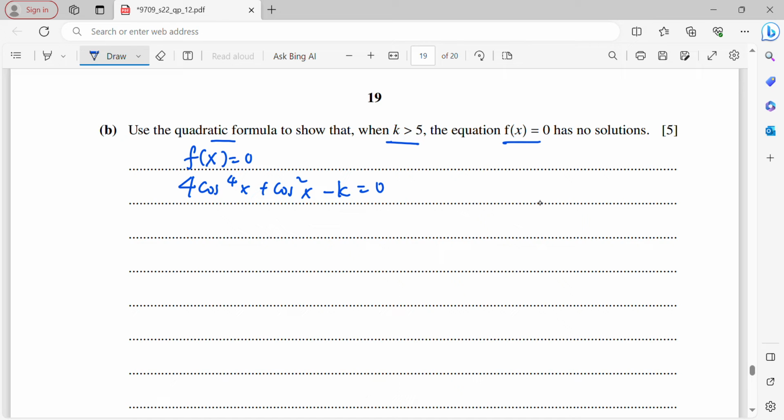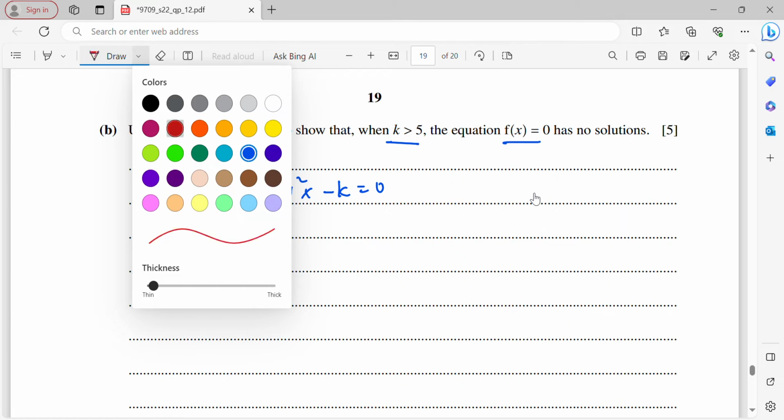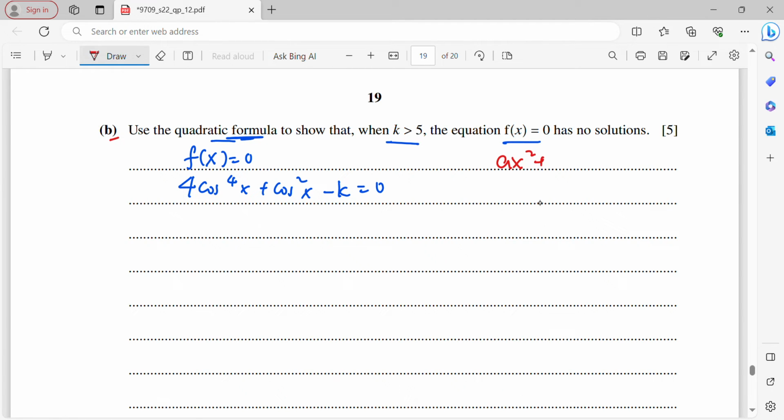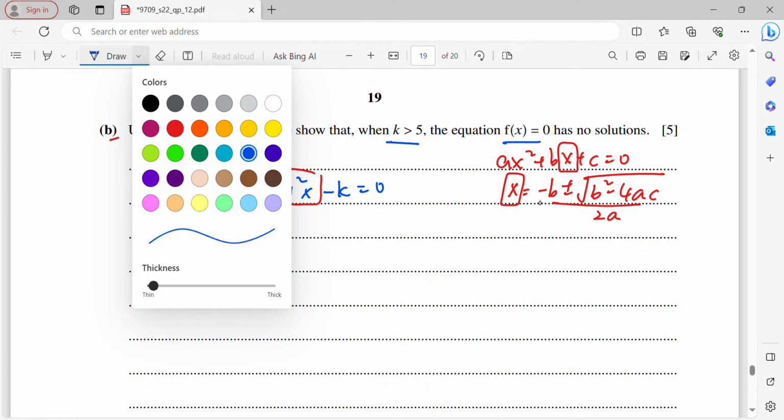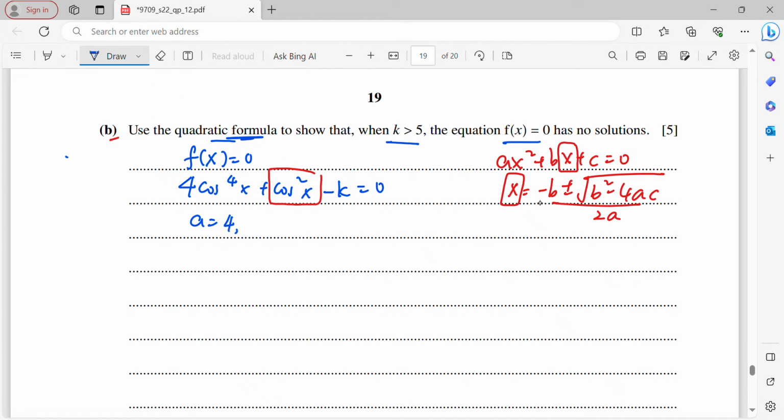Now, your quadratic formula is basically ax squared plus bx plus c equals 0, and x is minus b plus minus square root of b squared minus 4ac over 2a. So we follow here. This x now has been changed to cos square x, so my a is 4, my b is 1, and my c is minus k.